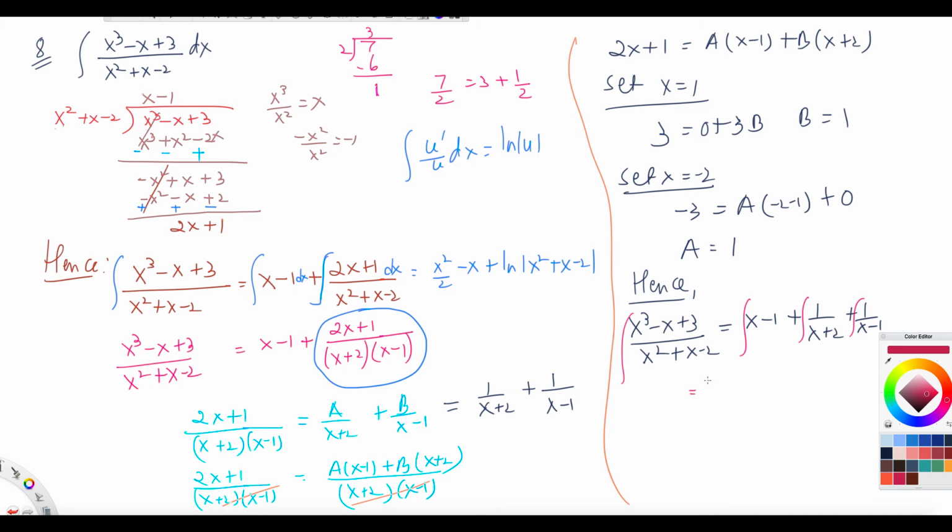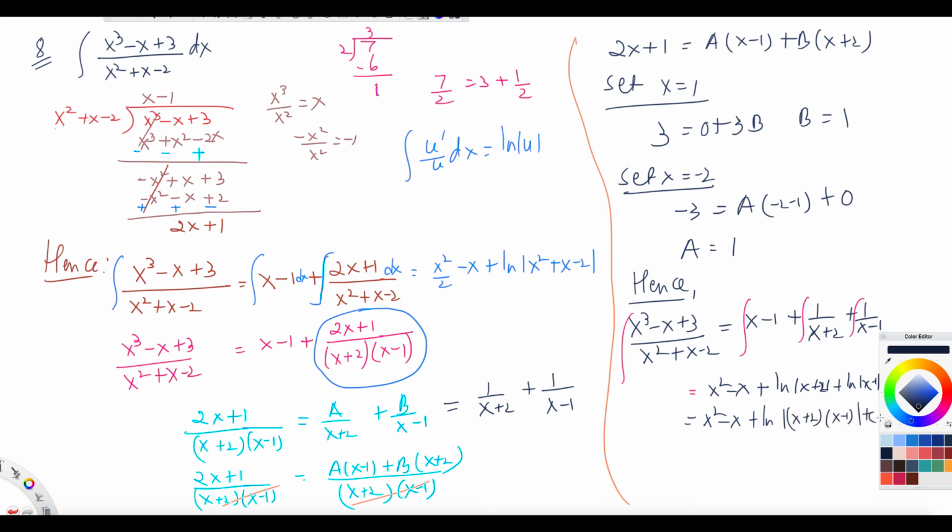You get basically x squared minus x plus, what is the integral of this? Because the derivative of the denominator is in the numerator, because the derivative of x plus 1 is 1. So it is natural log of x plus 2 and then plus natural log of x minus 1. So if you combine that, what do you get? x squared minus x plus natural log of x plus 2 times x minus 1, right?